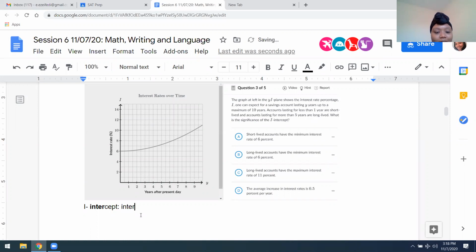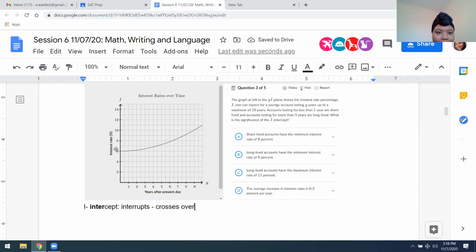It sounds like interrupt. So if we're looking at the I axis, it's where the line that we're drawing interrupts the I axis, or crosses over.